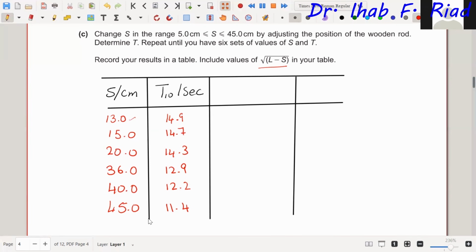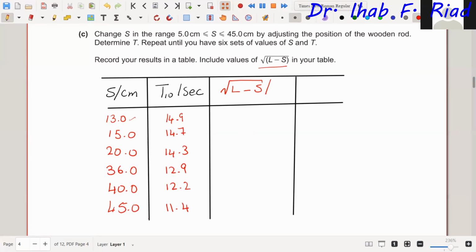Now he is asking us to calculate the square root of L minus S, right? What is the unit? Centimeter. Try again. What is the unit of L?